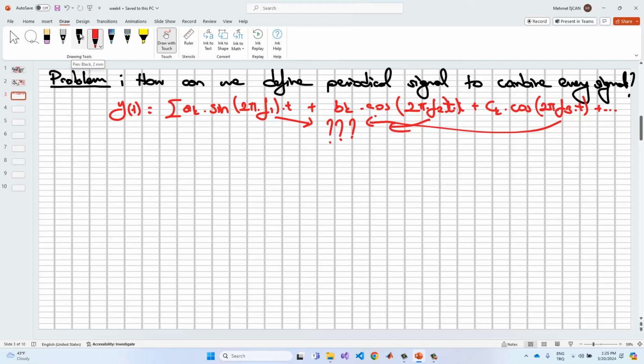Every signal in the universe, or in signals and systems, or in the imaginary world, should be built with the infinite series of sinus and cosinus. We know it, because everything has a vibration. So we need to use this idea based on this information, and the solution can be given as follows.